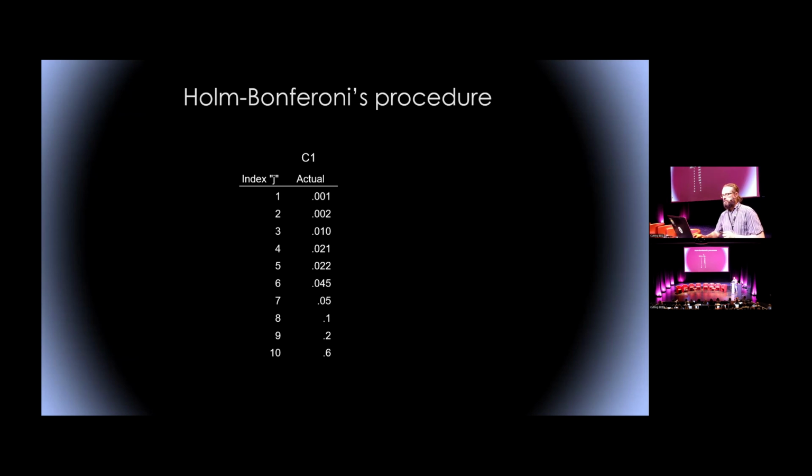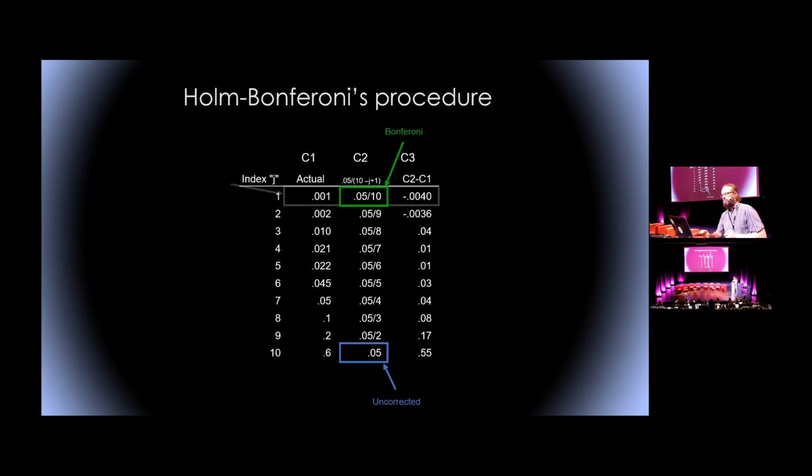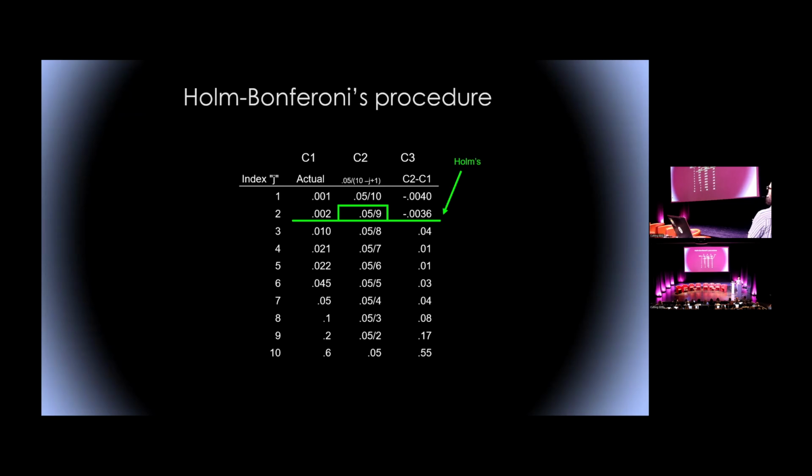And what we do is that we draw here a linear gradient from the Bonferroni level, which is 0.05 divided by 10 here. So this is pure Bonferroni. If we were just using Bonferroni, we would compare every single p-value to this one, the top one. And the bottom one is the uncorrected one. And then we have a gradient between the two.